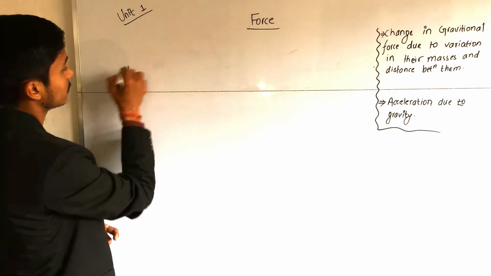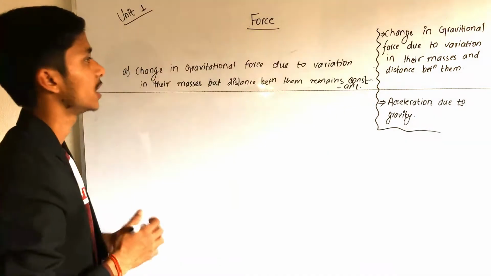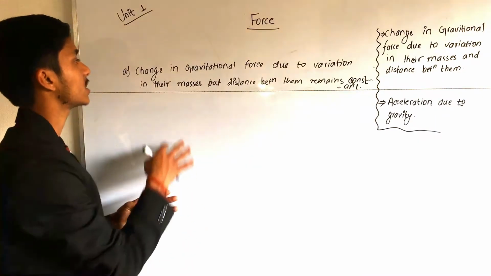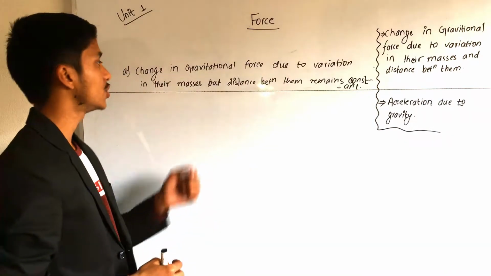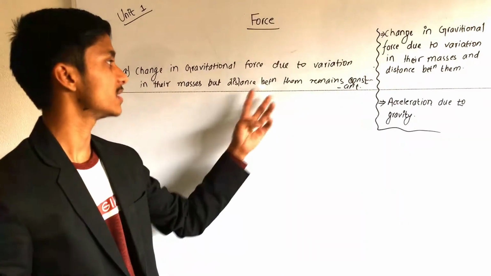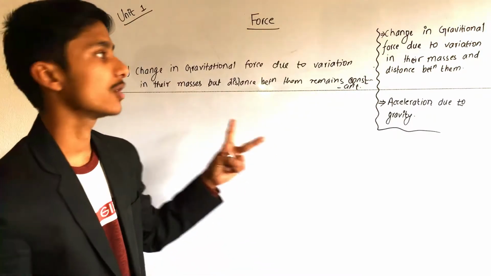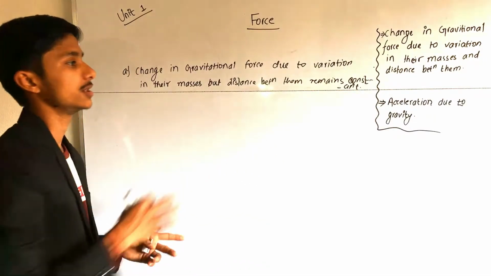First one, change in the gravitational force due to the variation in their masses, but here distance remains constant. Distance between two bodies remains constant. This is the first condition.